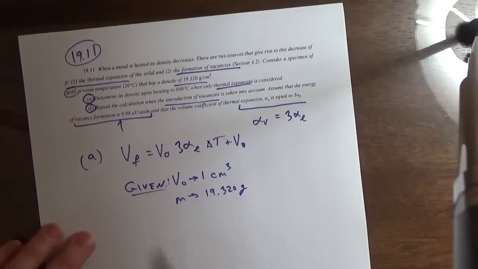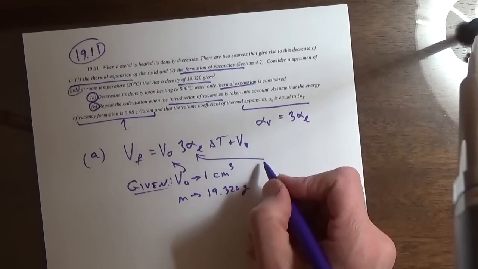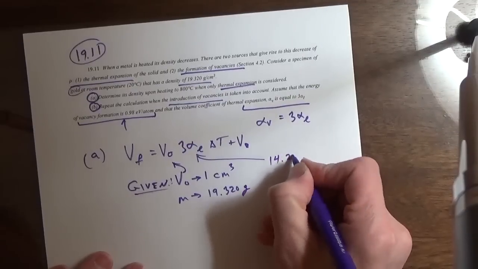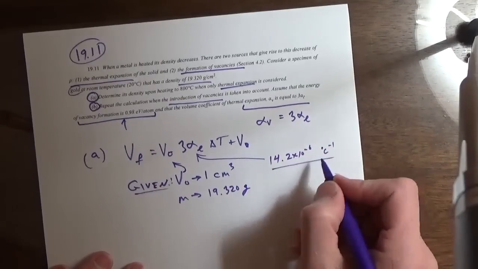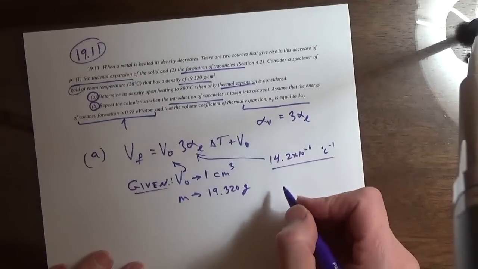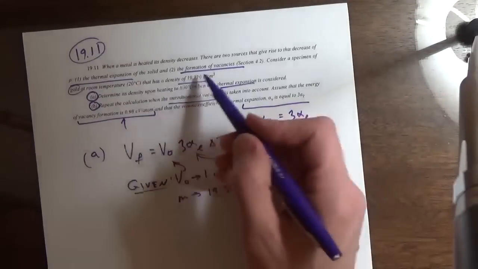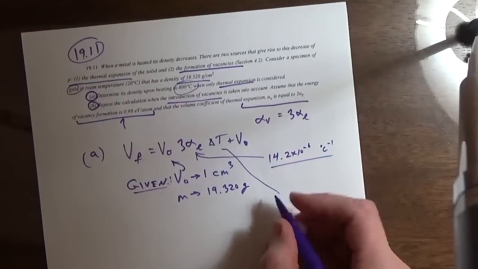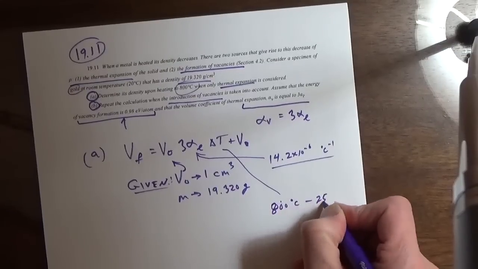And with that, you substitute in alpha L for this problem, which is 14.2 times 10 to the minus 6 inverse degrees centigrade. That's from table 19.1. And now delta T is 800 degrees C minus 25 degrees C.